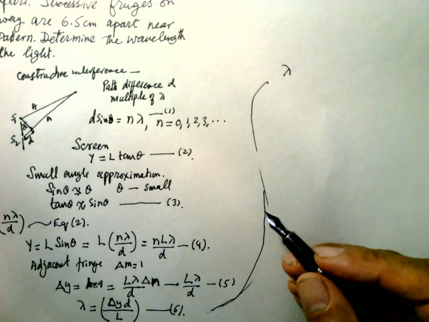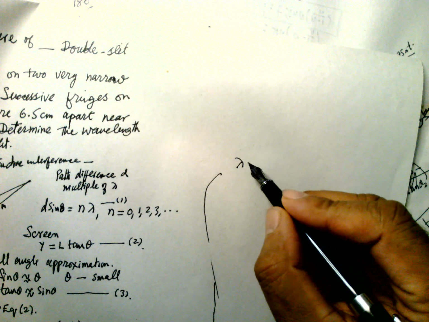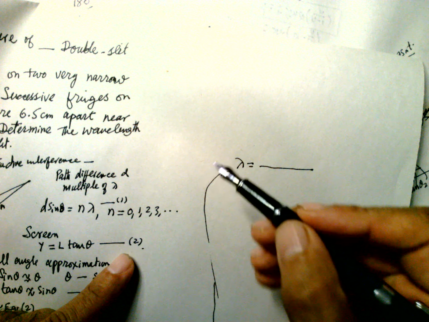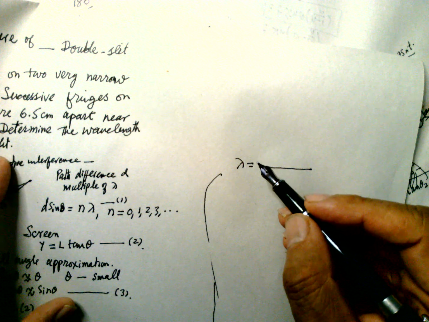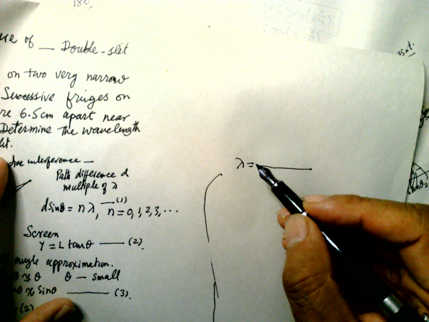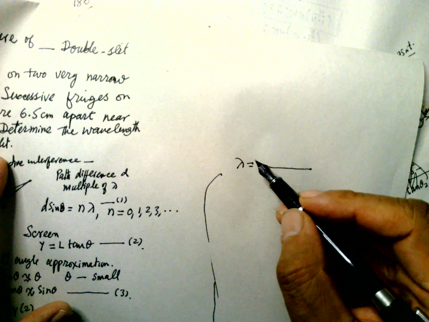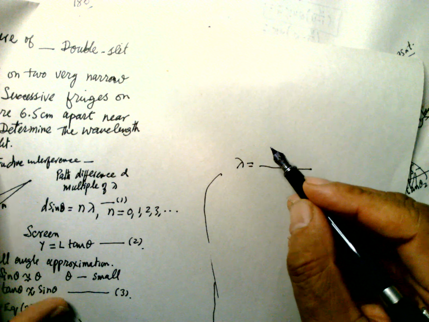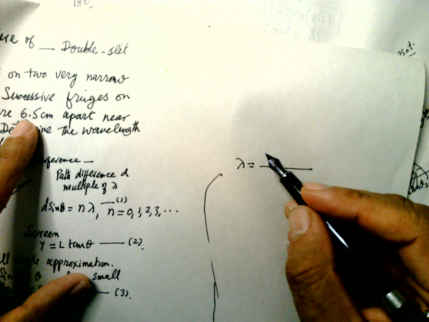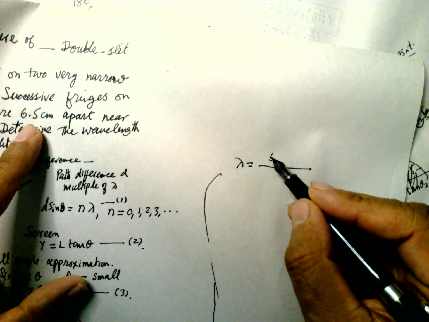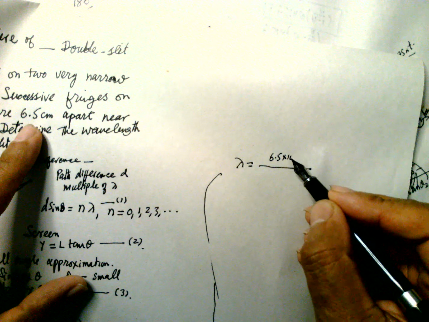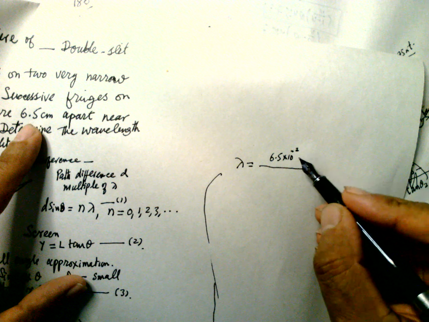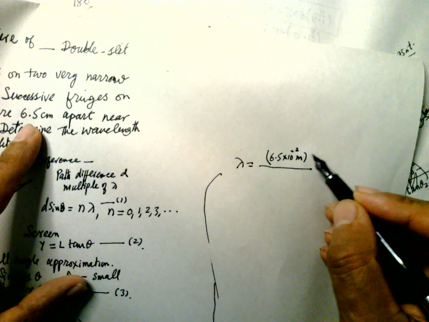Lambda is equal to delta y, the fringe spacing, which is given as 6.5 into 10 to the power minus 2 meter.